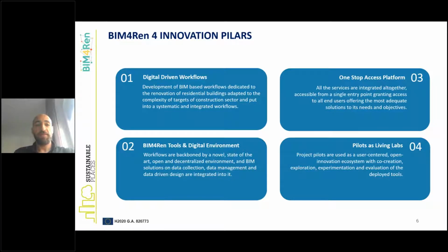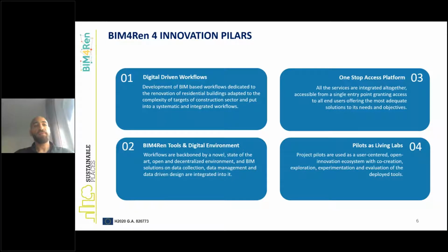The first one is that we develop a digital-driven workflow. We check what is there and what process is required to deliver specific use cases, and we design a digital workflow that is easy to adopt, so you don't have to think too much about what to do. It is ready for you.